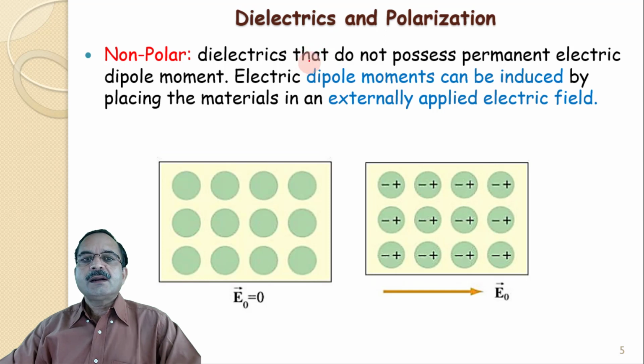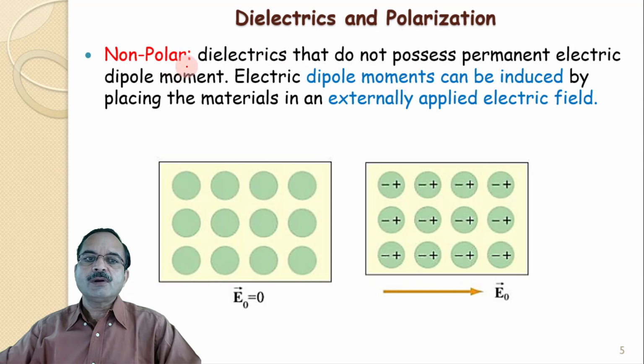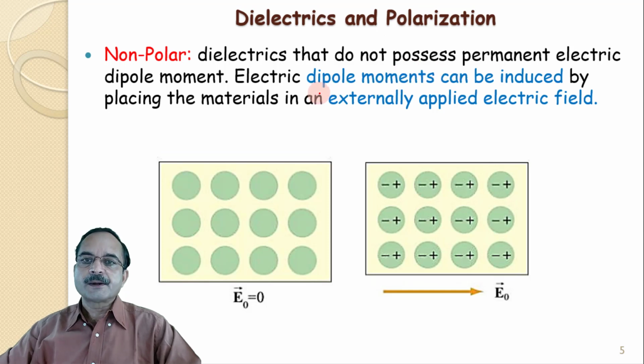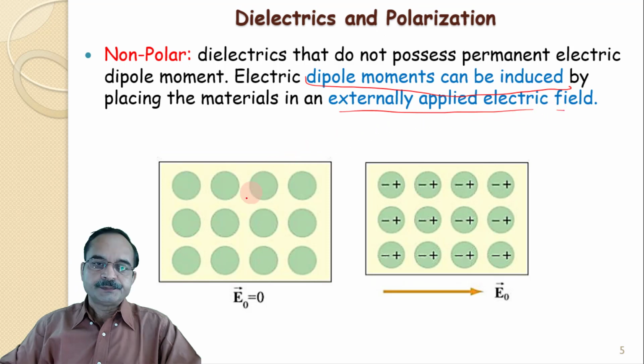Now, we can classify dielectric materials into two categories: non-polar materials and polar materials. Non-polar dielectrics are those which do not possess a permanent electric dipole moment. The dipole moments can be induced by applying an electric field externally.